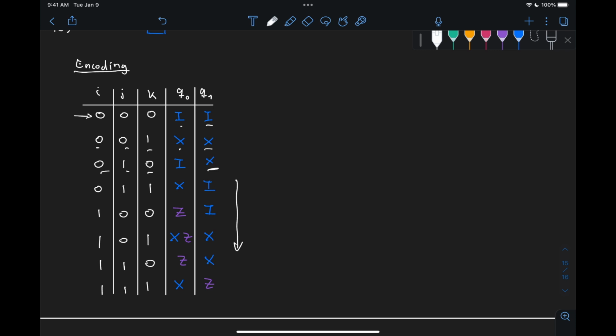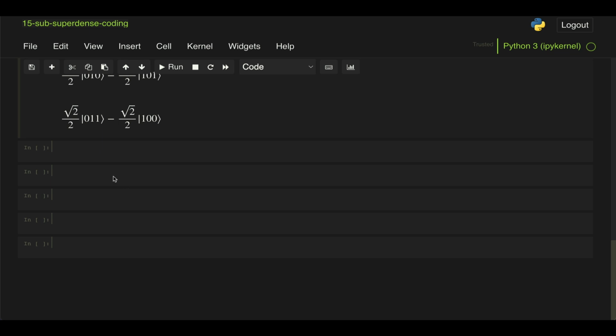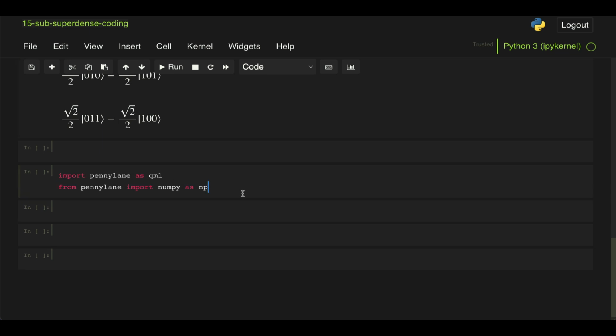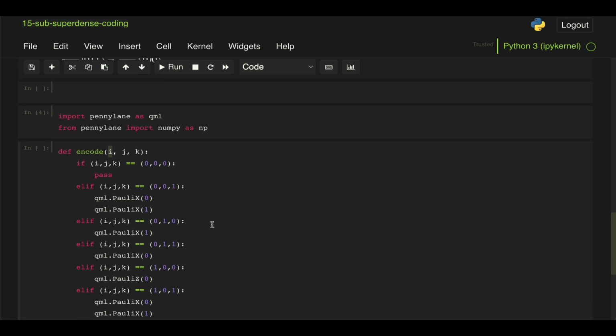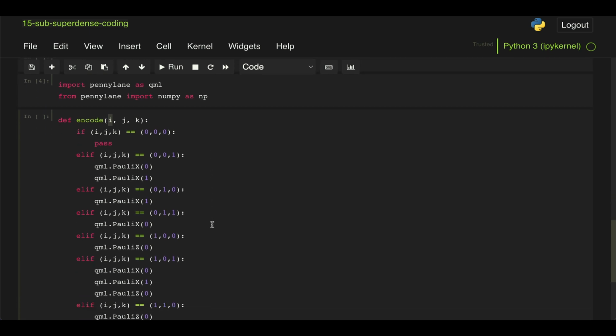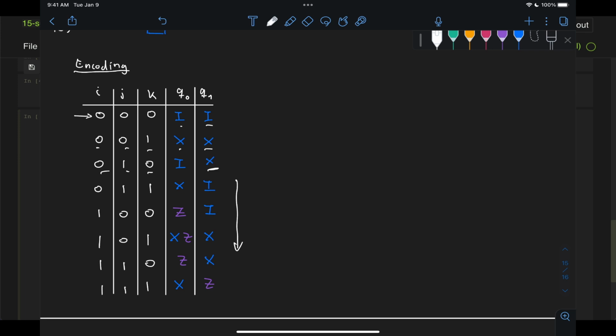So let's go ahead and get this coded in PennyLane. So as always, we import PennyLane as qml and NumPy. And then what I'm going to define here is the encode function we need given those three classical bits i, j, k. And all I'm doing here is what we just summarized in this table.